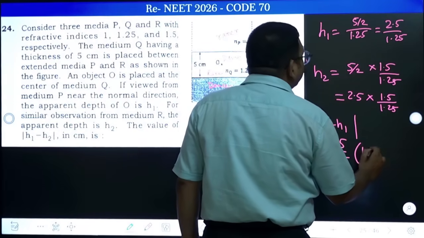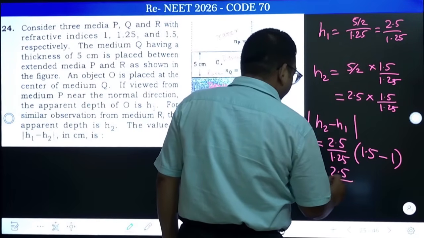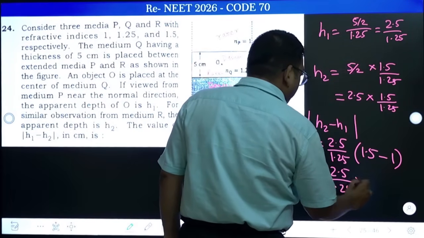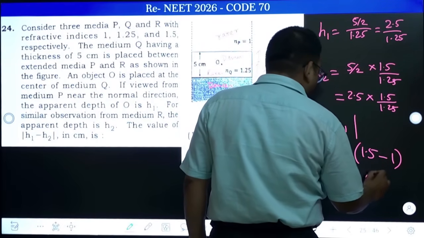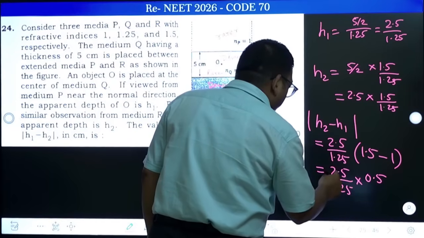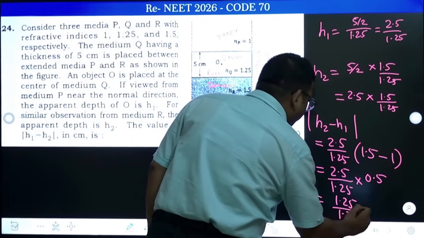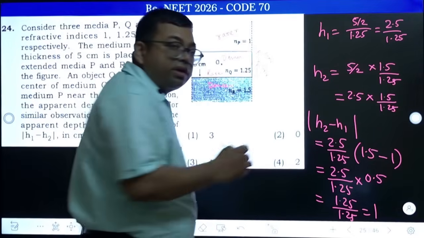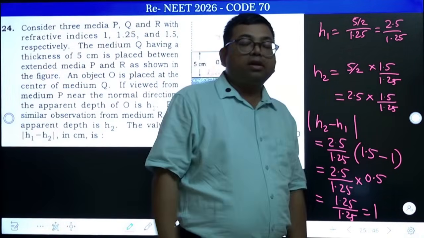This becomes 1.5 minus 1, correct? That becomes 2.5 by 1.25 multiplied with 0.5. So this is going to be how much? Half of this. This also becomes 1.25 by 1.25. So that becomes 1, right? So the correct answer for this question is option 3, right? I hope you understood.